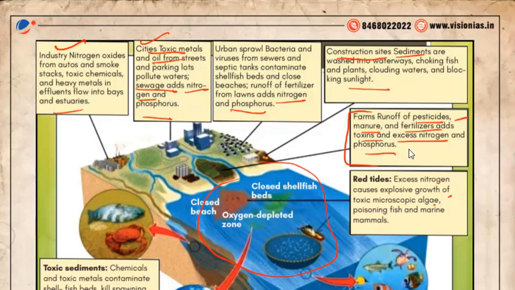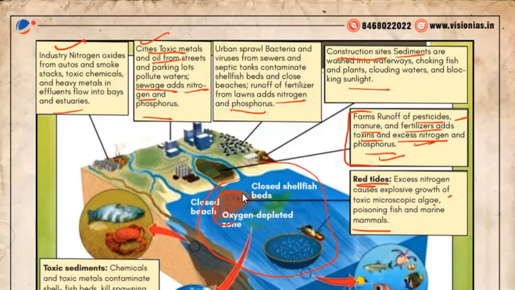From farmland, toxic materials from the pesticides and the nitrogen and phosphorus from the fertilizer are added into the water body, and this nitrogen and phosphorus lead to eutrophication. Next are red tides. Excess nitrogen causes explosive growth of toxic microscopic algae, poisoning fish and marine mammals. This is called red tides.